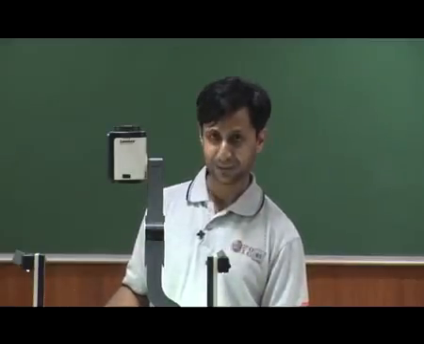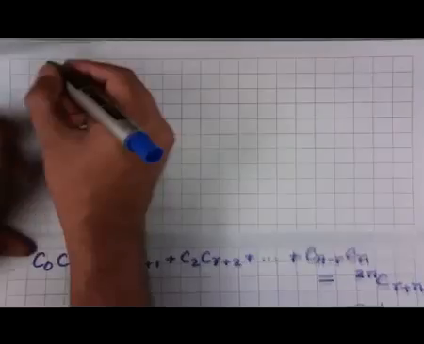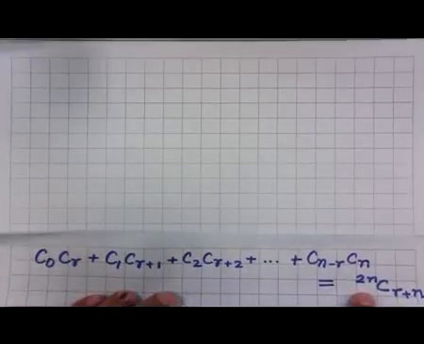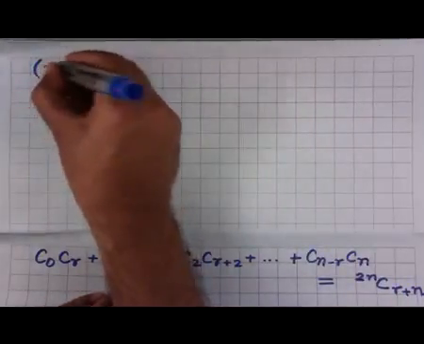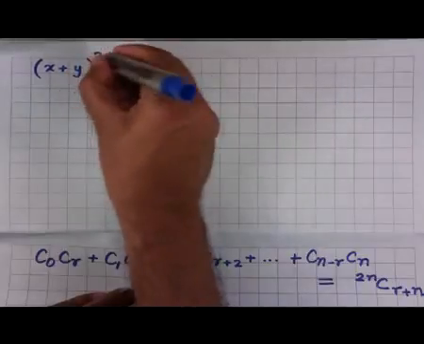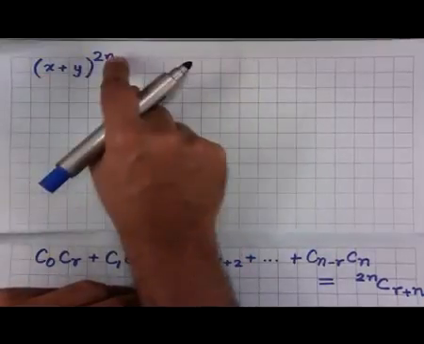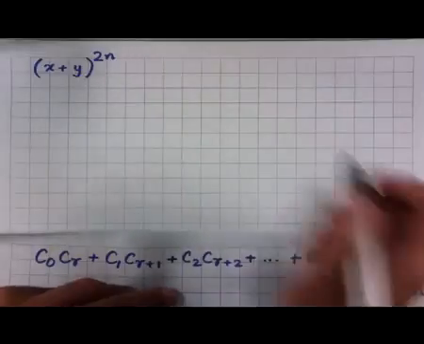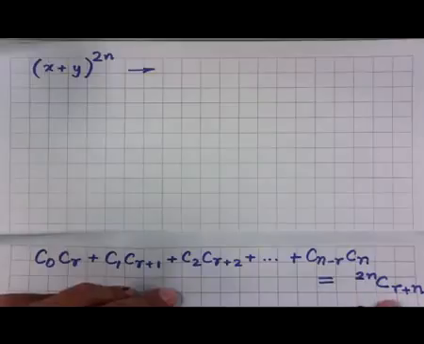Remember, this is the identity that we are looking forward to. You are looking for this as your answer, 2nC(r+n). Now, if you look at (x + y) to the power 2n, then this is going to expand as C0 times x^(2n) + C1 times x^(2n-1) times y + .... So, which term will be 2nC(r+n)?